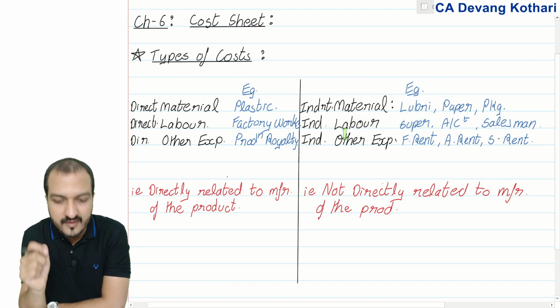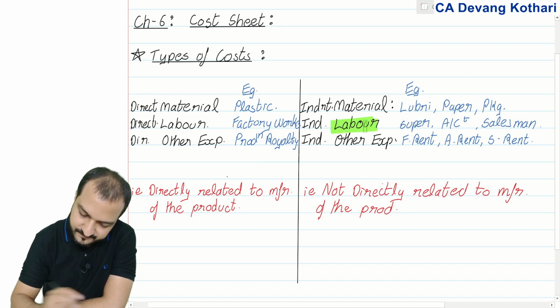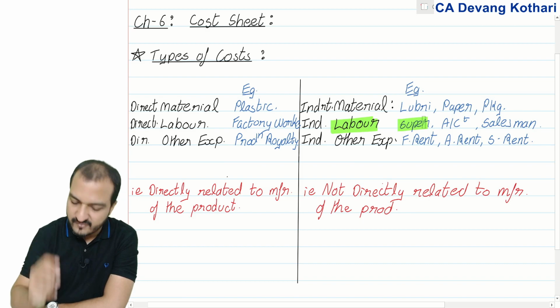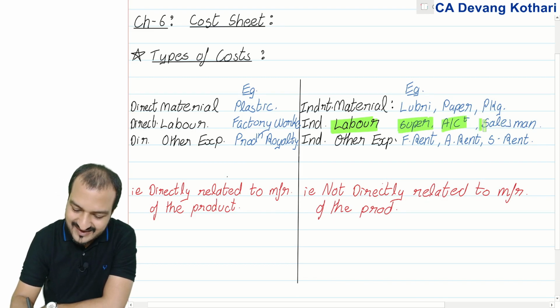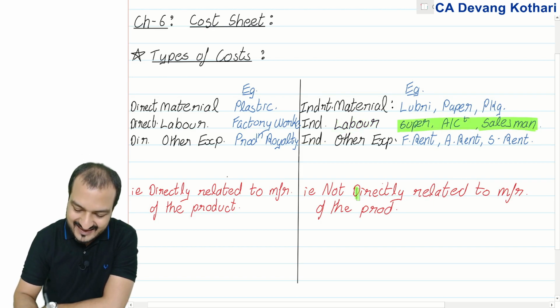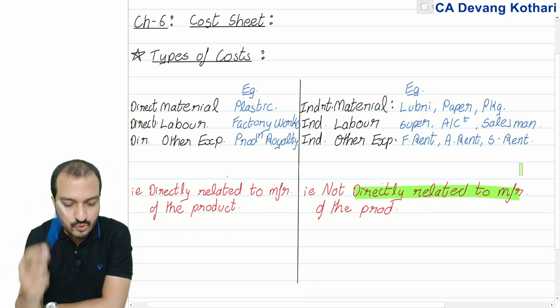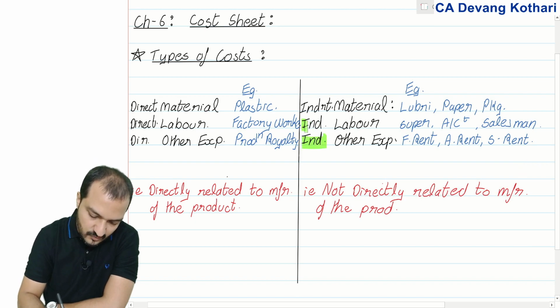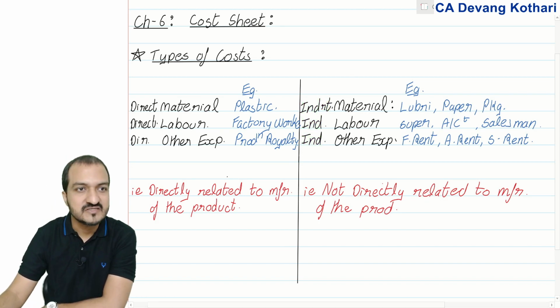Security guard can be an example for labor, but okay, let's take right now supervisor only as the example. Security guard we will take later. So supervisor is an example for indirect labor. Accountant is an example for indirect labor. Salesman is an example of indirect labor. Why indirect? Because these guys are not directly associated with making each unit of the product. Do you understand what indirect indicates over here? Yes, very clear with that.